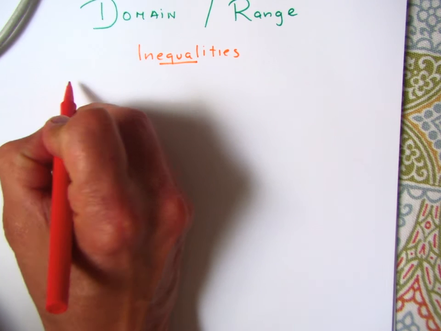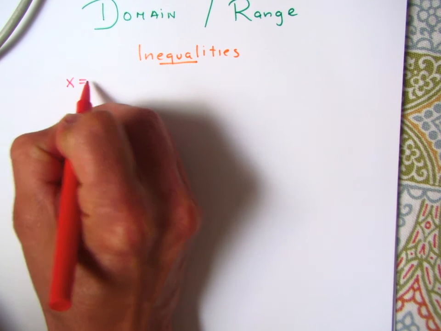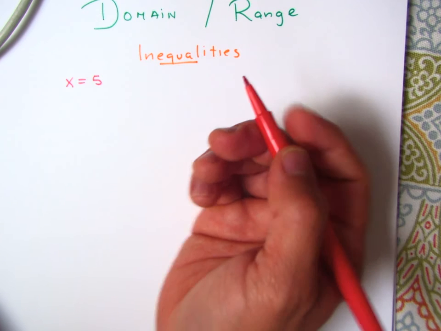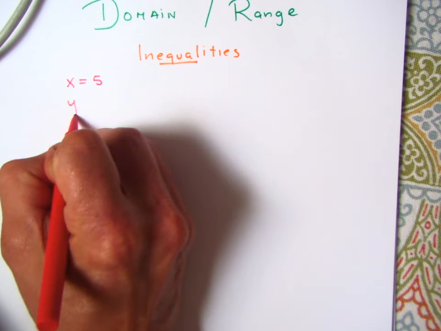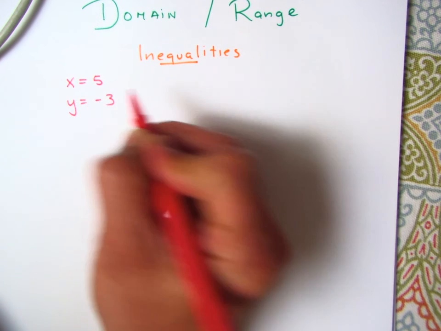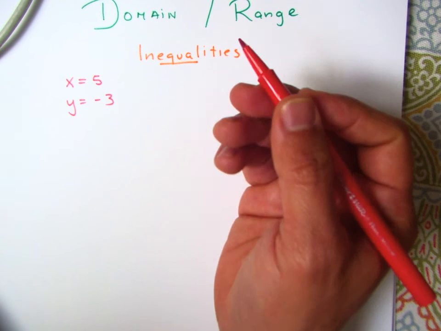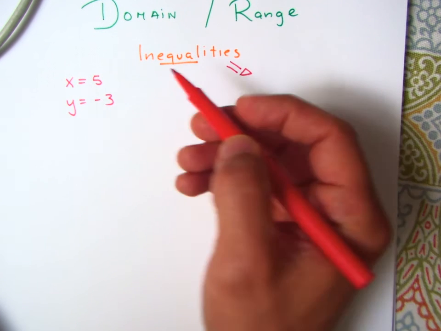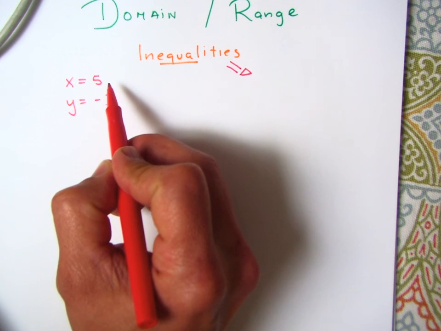If I say x is equal to 5, that's a solution. I could do y equals negative 3, okay? However, when we get to inequalities, we're talking about things that are not equal to 5.